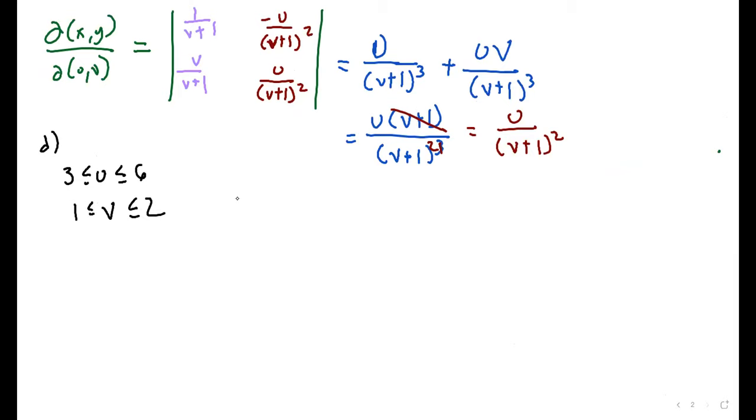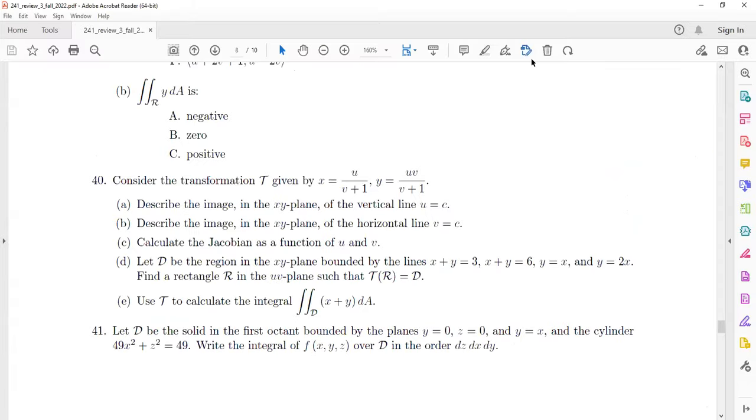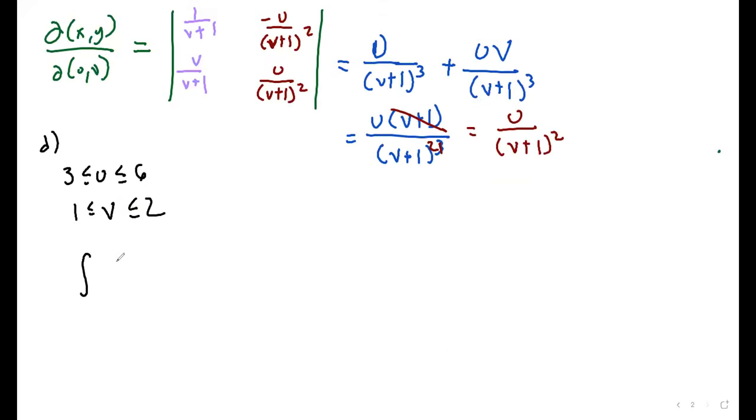And so now we are ready to tackle integrating over our weird region D. We're making a change of variables. U runs from 3 to 6. V runs from 1 to 2. The integrand was x plus y, but we know that x plus y is equal to u.